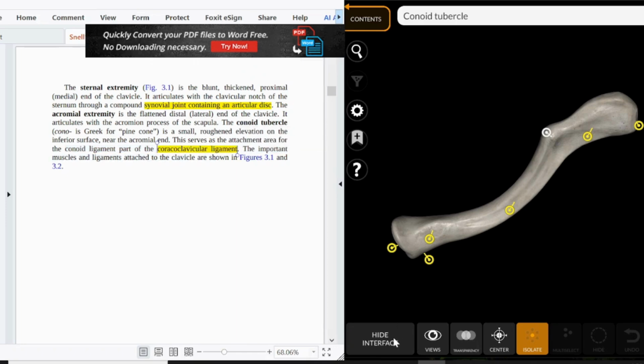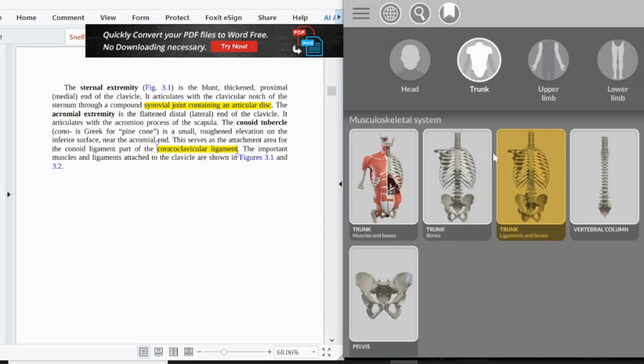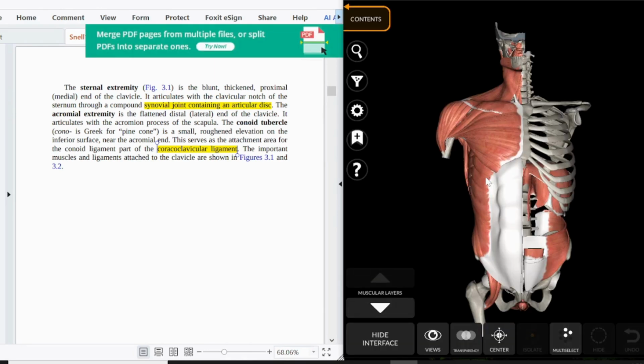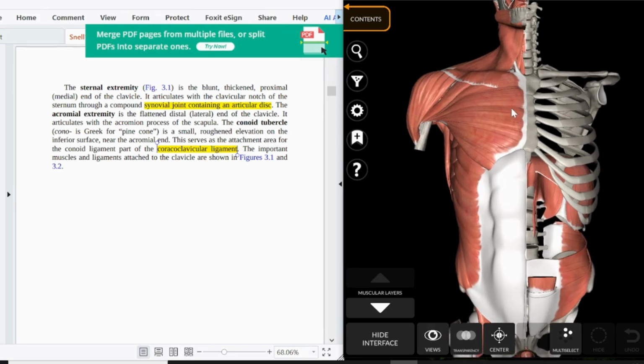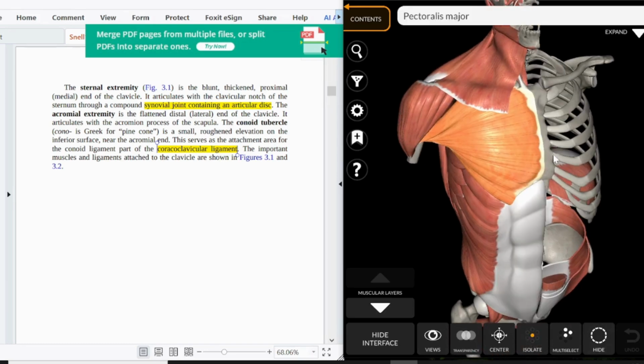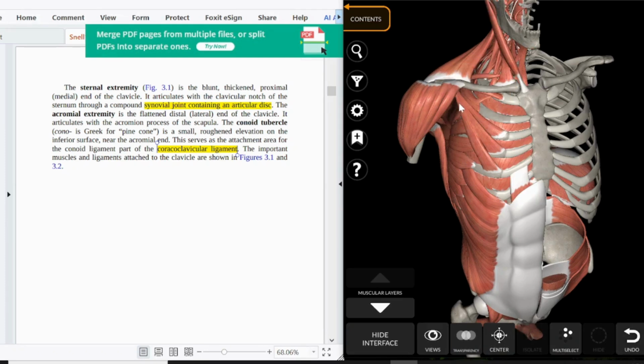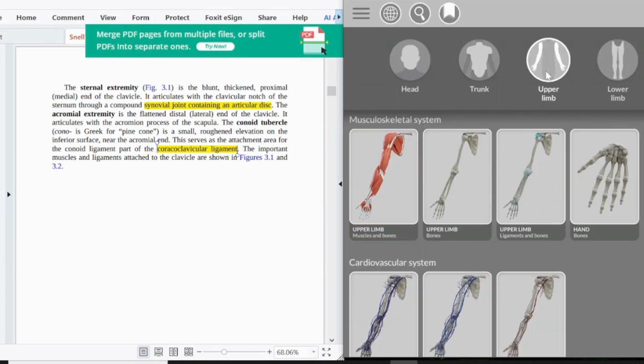Let's see this ligament. We will have to switch to a different slide, a different model. If I zoom in, see over here. The ligaments are not available here. Let me switch.